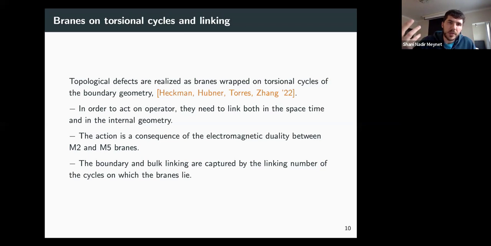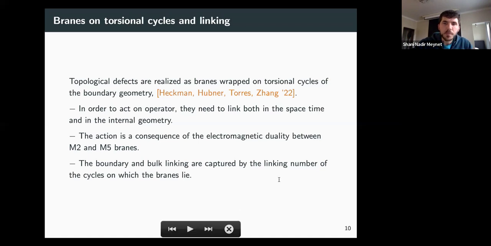The translation in geometry is that now the linking needs to happen not only in the spacetime where my Wilson line lives, but in the boundary geometry as well. So it is a linking in the whole 11-dimensional string theory construction, not only in the spacetime engineered, and not only in the space transverse to my singularity.